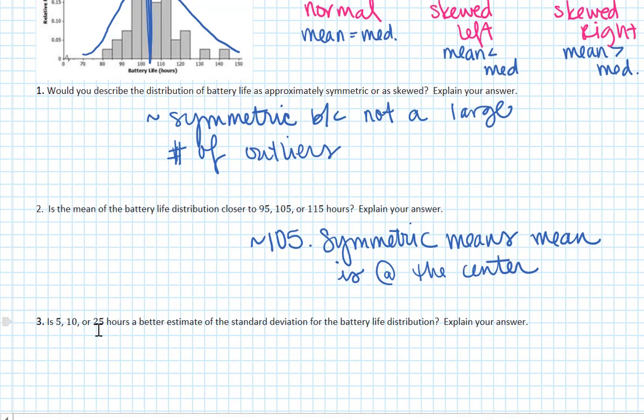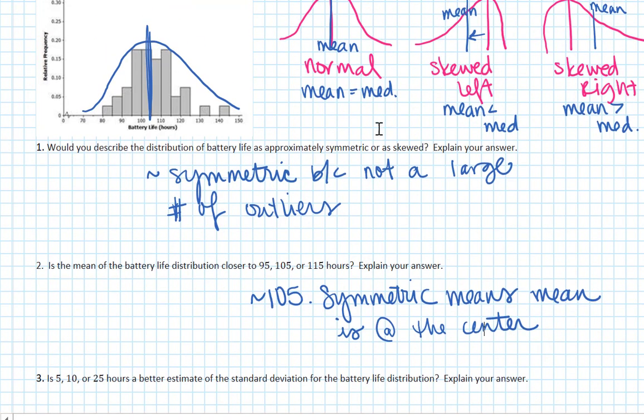Is 5, 10, or 25 a better estimate of the standard deviation? So now on these little blocks right here, I'm looking for about how much describes 70% of that data. So 70% of that data is going to be pretty much that highest little hump of what's going on right there. So I want to know how far it is to get to the bulk of my data.